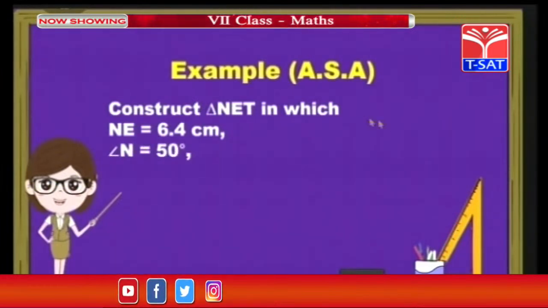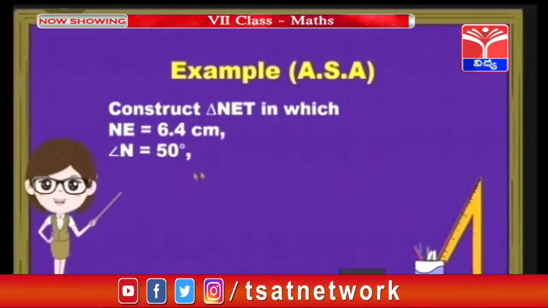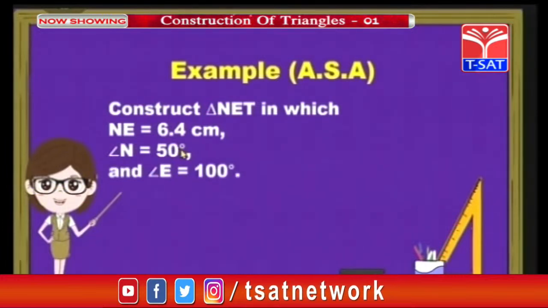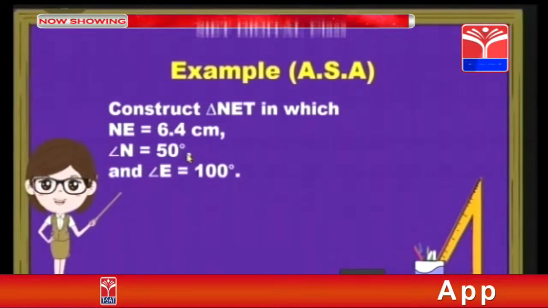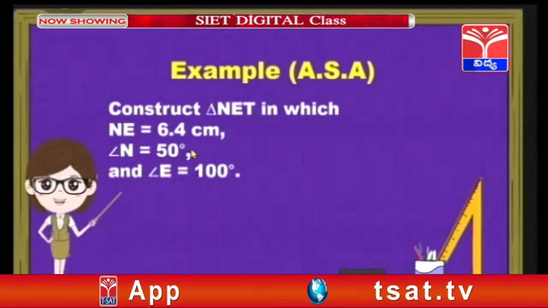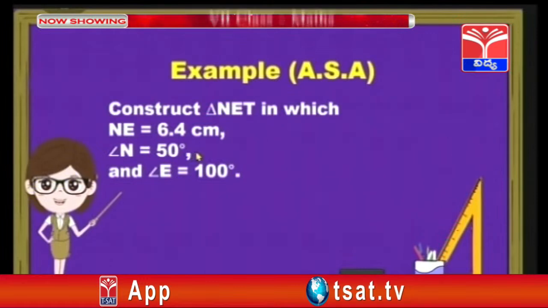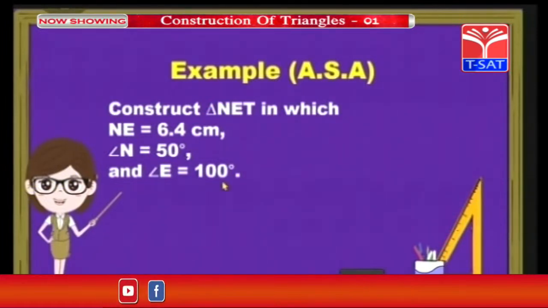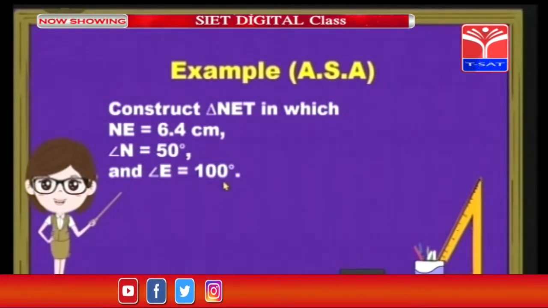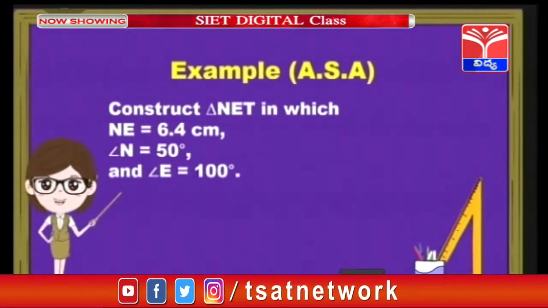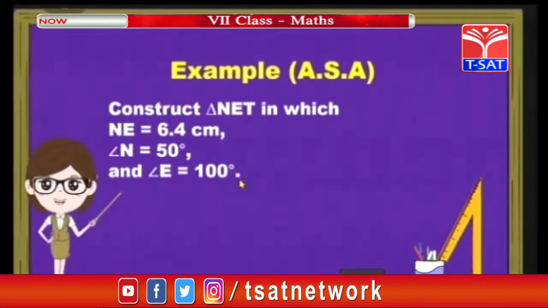NE is 6.4 centimeters. Angle N is given. See, children, you understand here that 50 degrees is an acute angle since it is less than 90 degrees, and here 100 degrees is given. It is an obtuse angle since it is greater than 90 degrees.